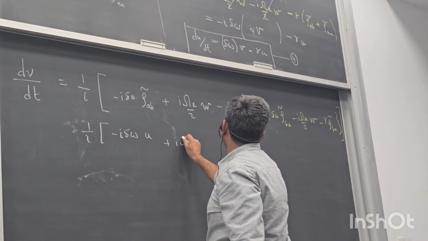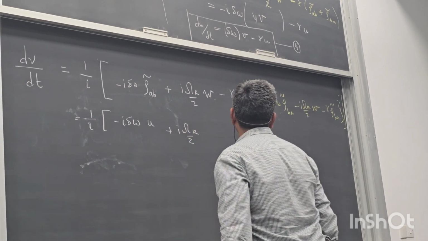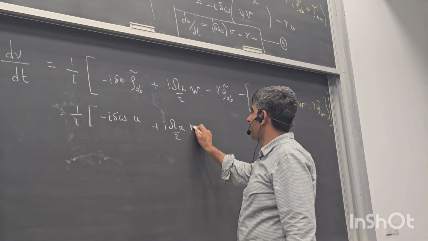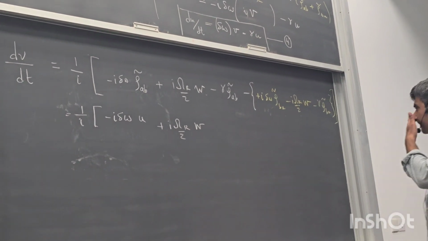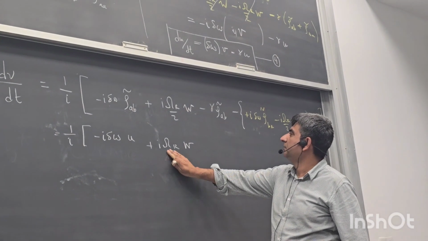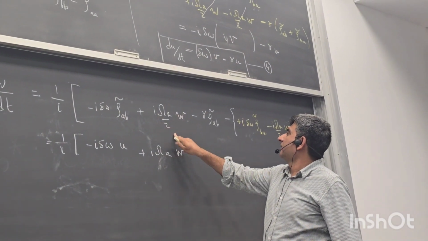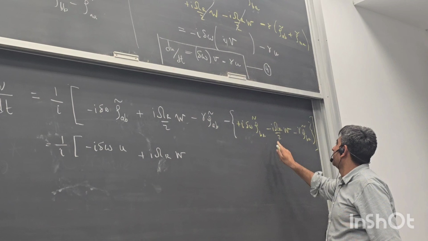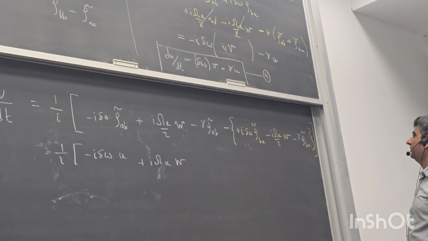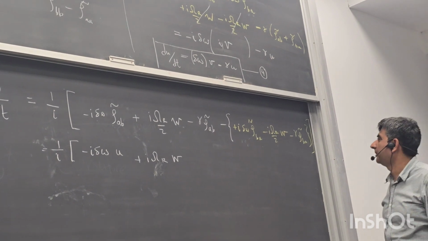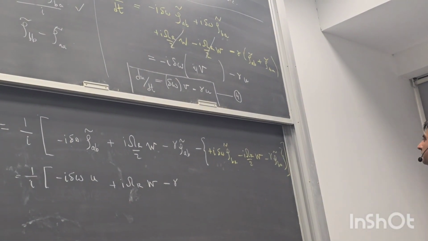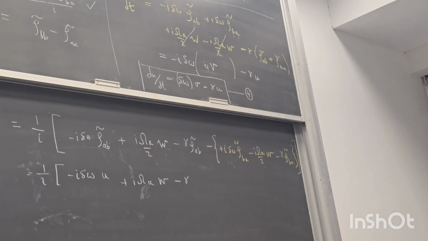Plus i gamma r by 2, this is plus i gamma r by 2 w. With the i gamma r over 2w plus i gamma r over 2w minus gamma rho AB.